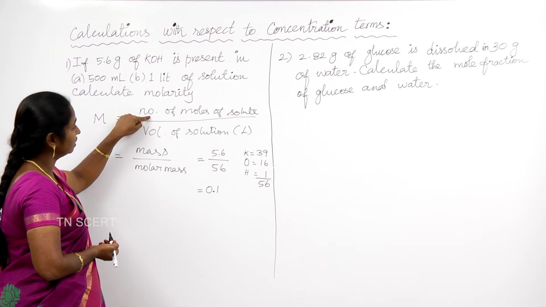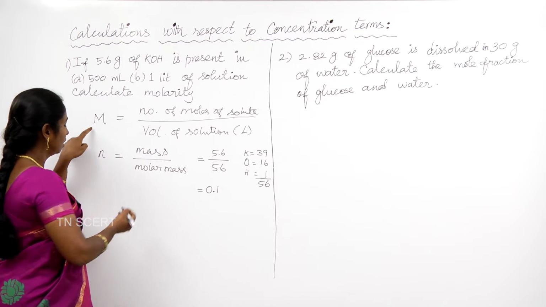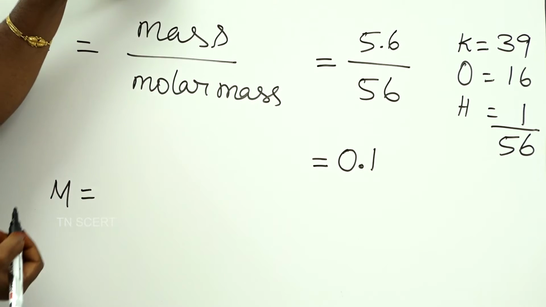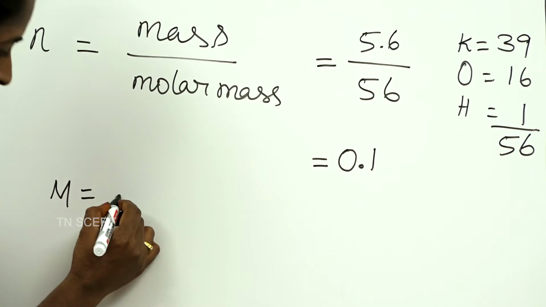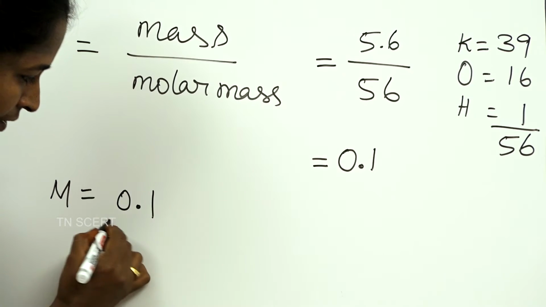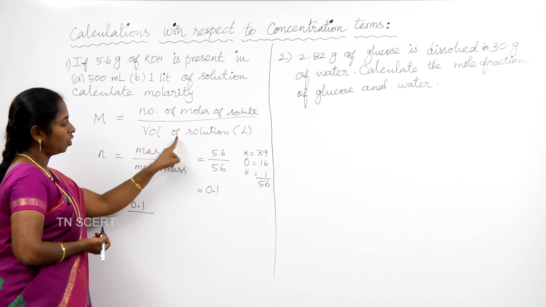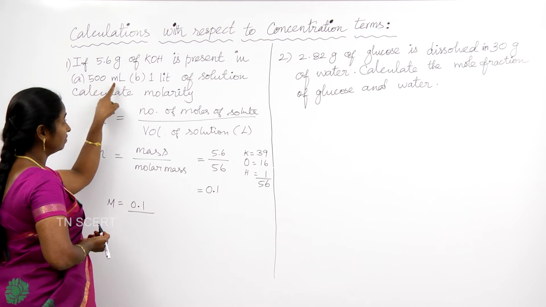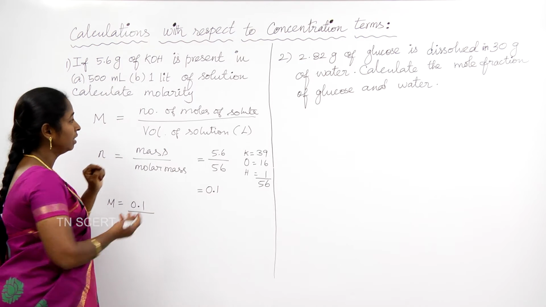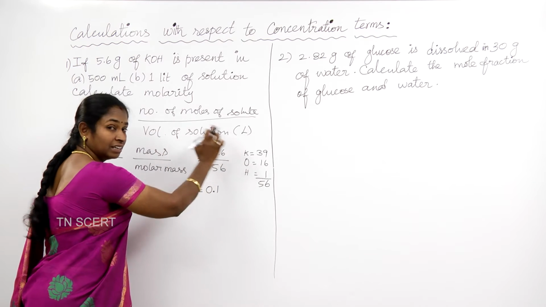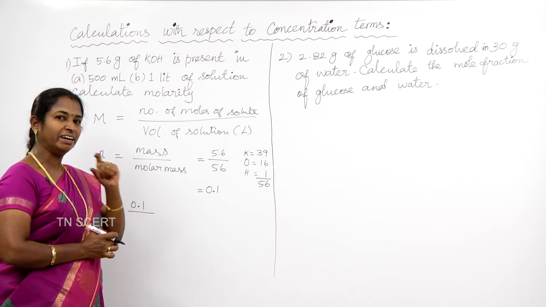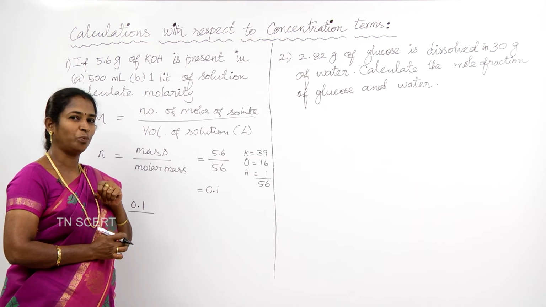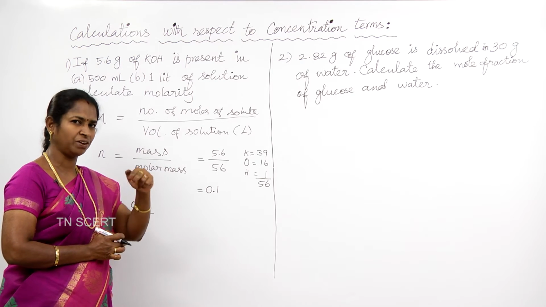So, substitute in this molarity equation. Molarity is equal to number of moles 0.1 divided by volume of solution. In our first problem, it is given as 500 ml, but the volume should be given in liter. 500 ml of solution is equal to 0.5 liter, is it not? It is half of the liter.